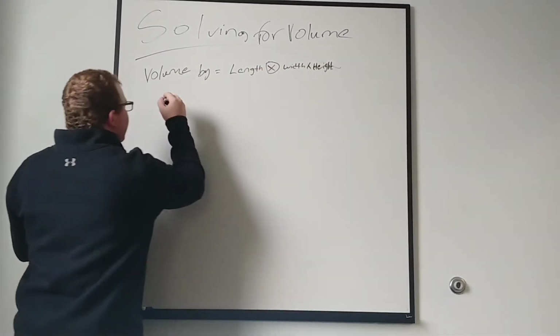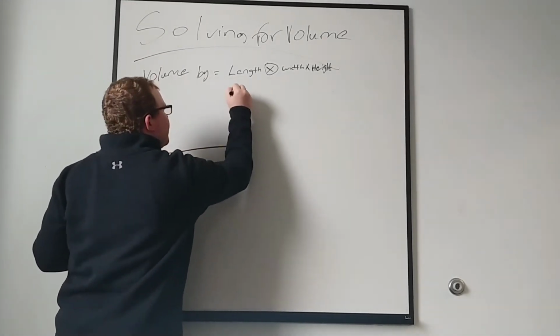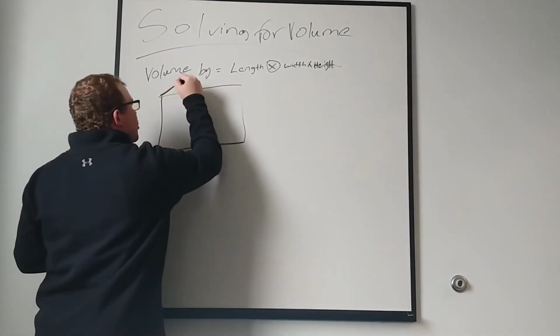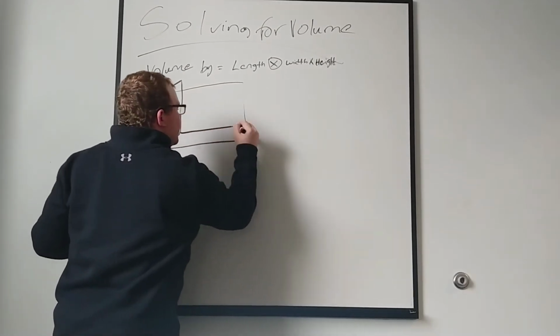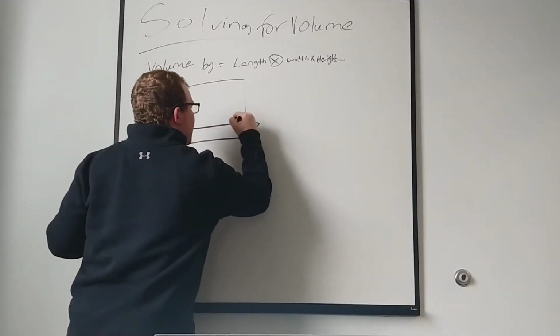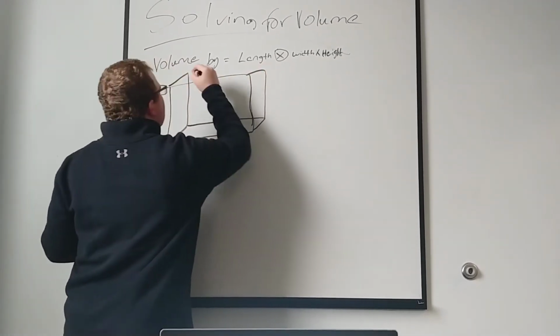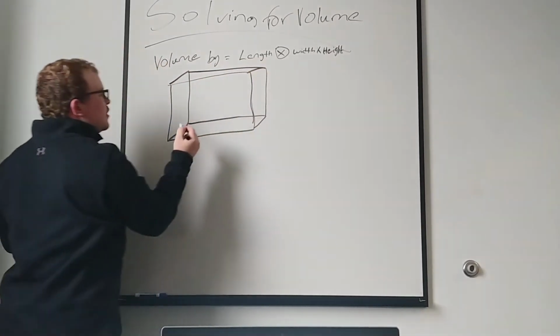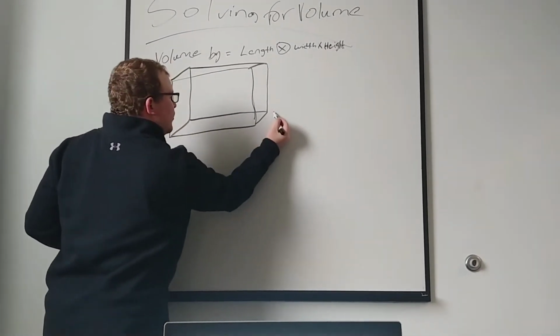So, say if we had what is called a rectangular prism. So, a rectangular prism would be like this. But you see how we still have the length and the width right here?